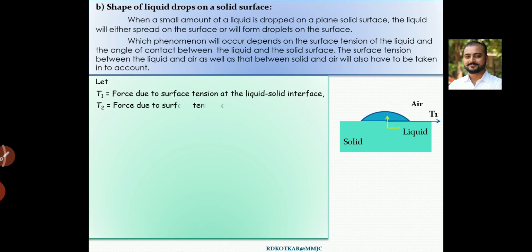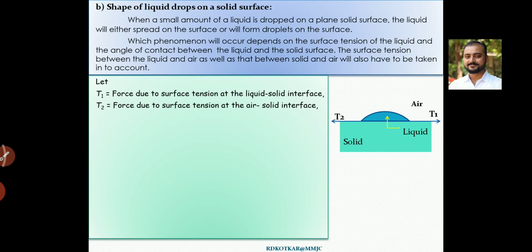Similarly, what about T2? T2 is the force due to the surface tension at the air-solid interface, where the air and solid are in contact. A second force is generated there, which is called T2, shown in the diagram.